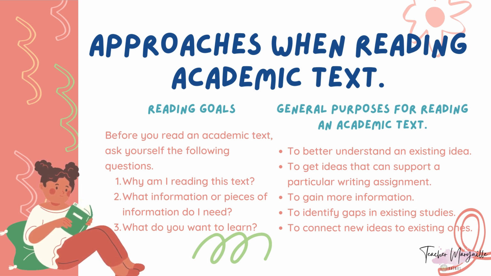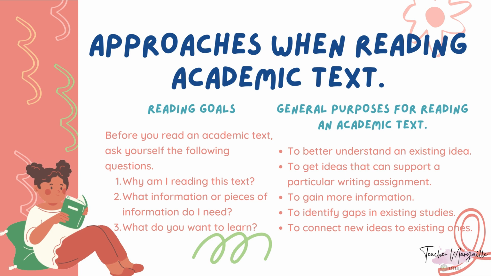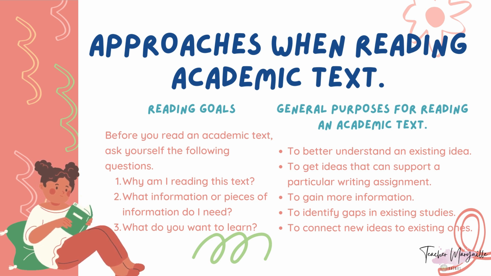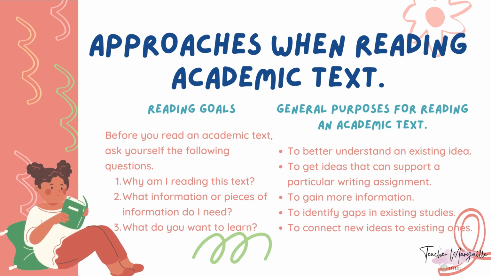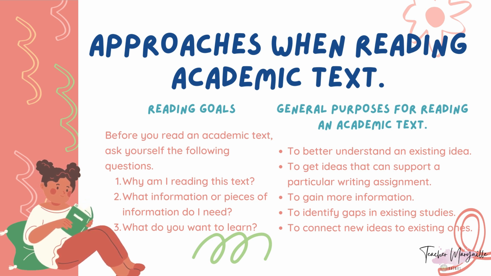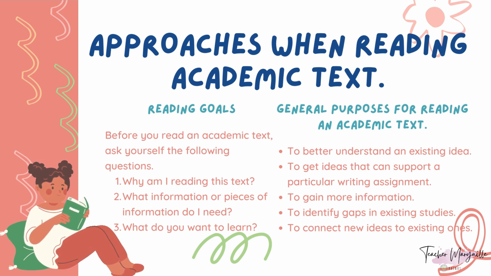Number one, why am I reading this text? Number two, what information or pieces of information do I need? And number three, what do I want to learn? Once you have answered these questions, it is easier to understand the content of an academic text.